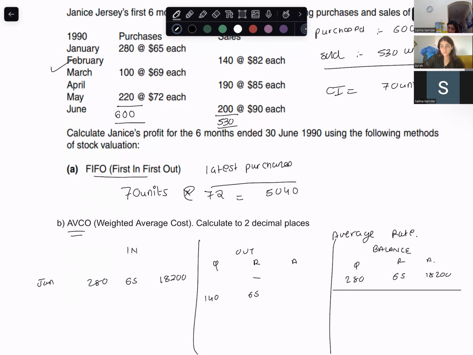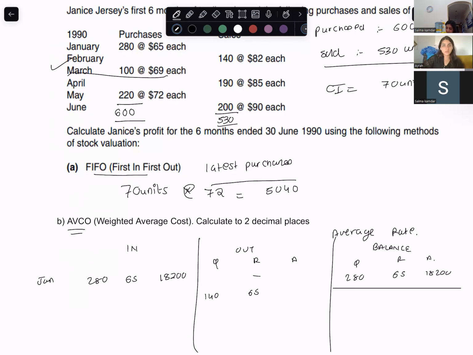That is in March. So 140 into 65, 9,100. Now you balance it. Now you have only 140 units left at the rate of 65, 9,100.